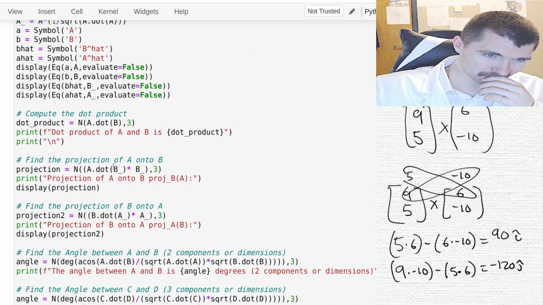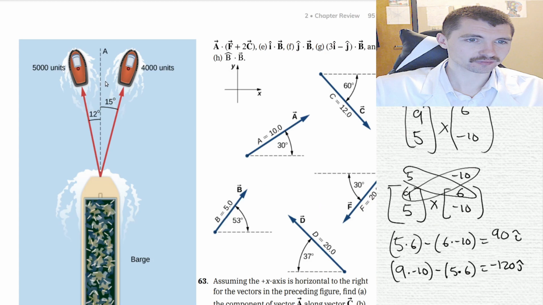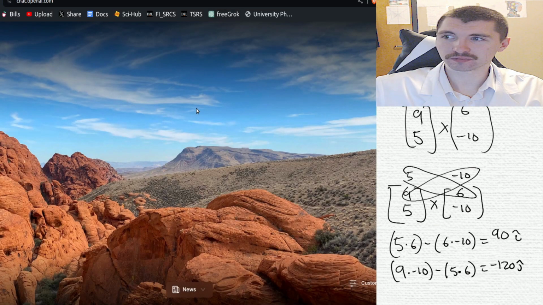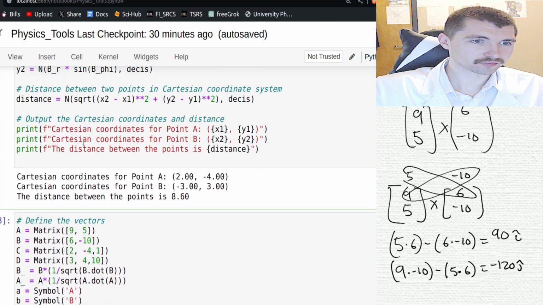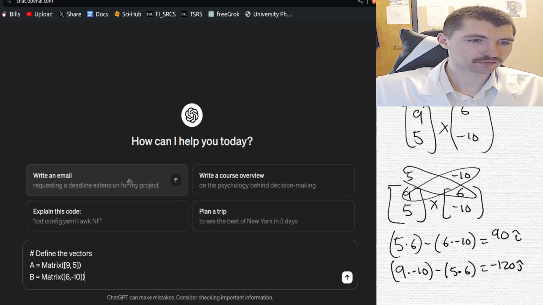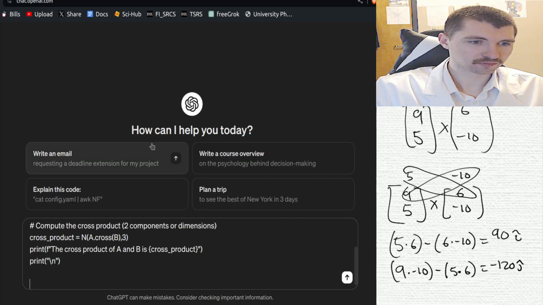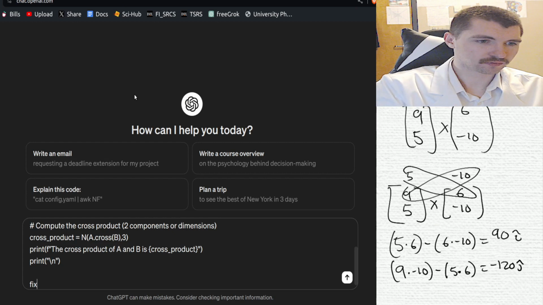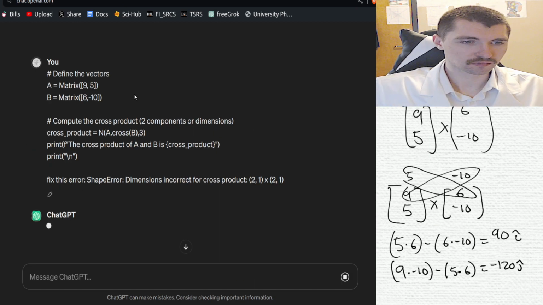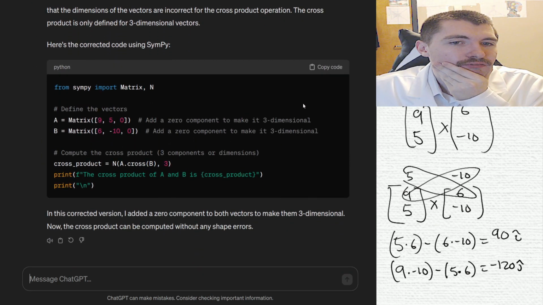That's annoying. Add a 0 to make it three-dimensional.